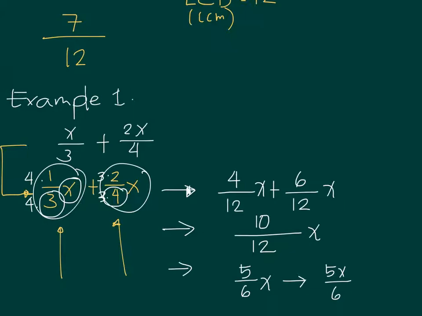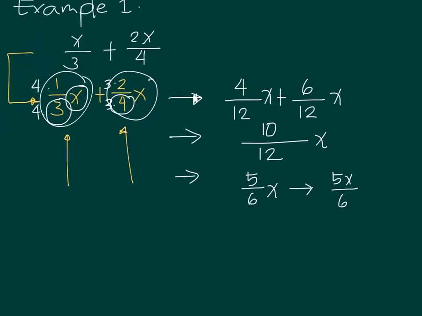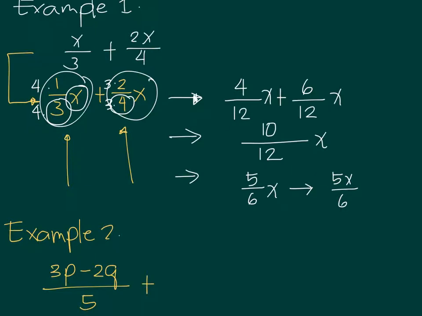Okay, let's take a look at a more complex example. So let's have example number 2. Suppose we have 3p minus 2q over 5 plus 4p minus 5q over 10.